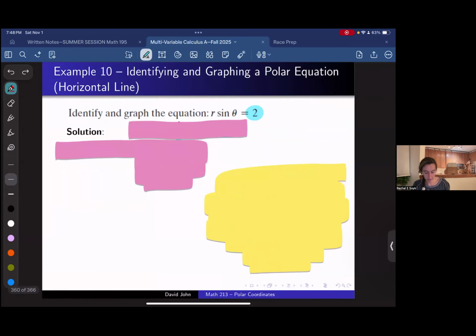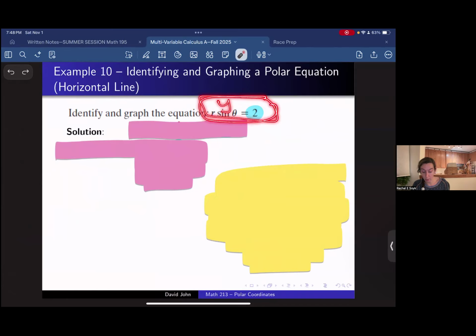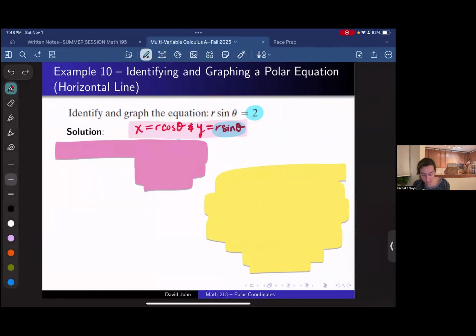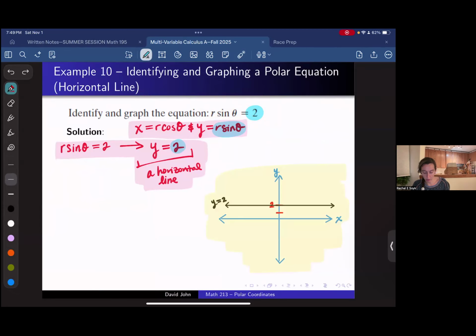Let's keep going. Our example 10, we want to identify and graph r sine theta is equal to 2. We know r sine theta is the same as y, so we're just looking at y is equal to 2, aka a horizontal line. And so that's, again, very straightforward to graph.